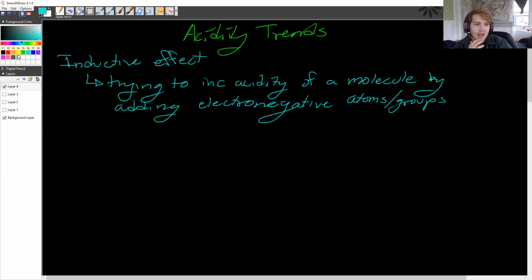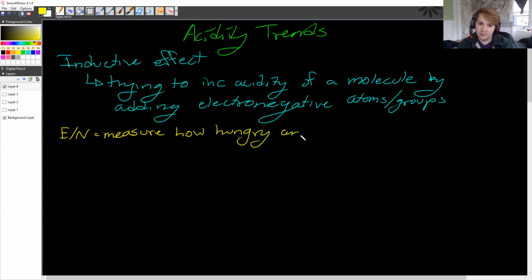All right. And as a quick refresher, electronegativity, in a simple way of describing it, is a measure of how hungry an atom is for electrons. So the higher the electronegativity, the more hungry for electrons they are.